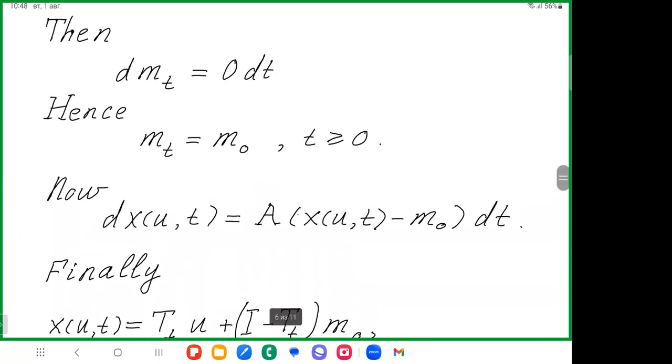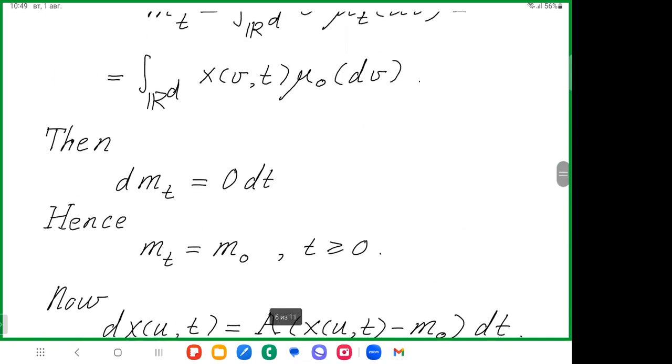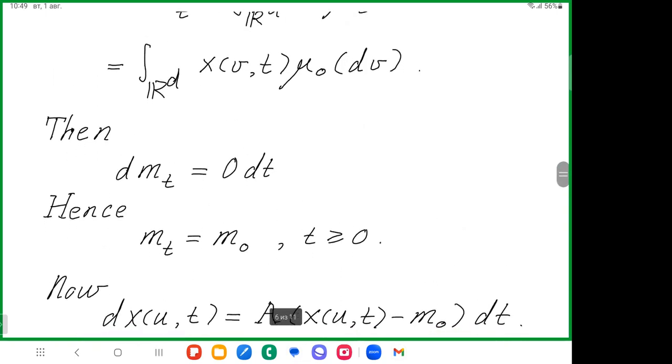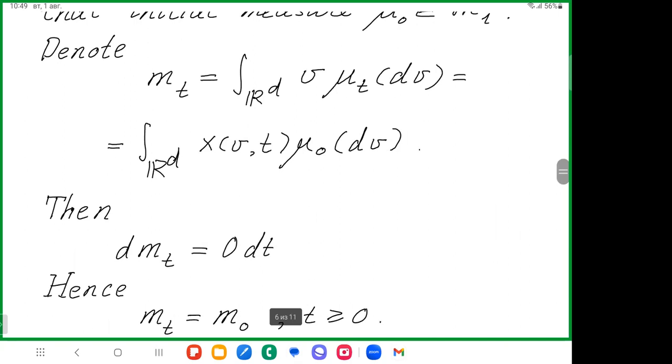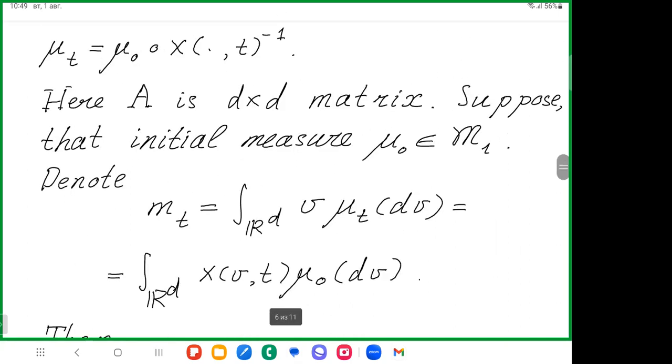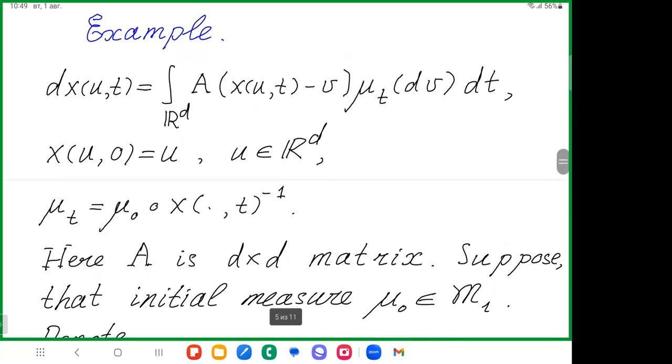First of all, m t is equal to m0, so the center of the mass of our system is fixed. From this point of view, it is trivial that if we start from the measure mu0, which is concentrated in one point, then this measure remains the same during our evolution.